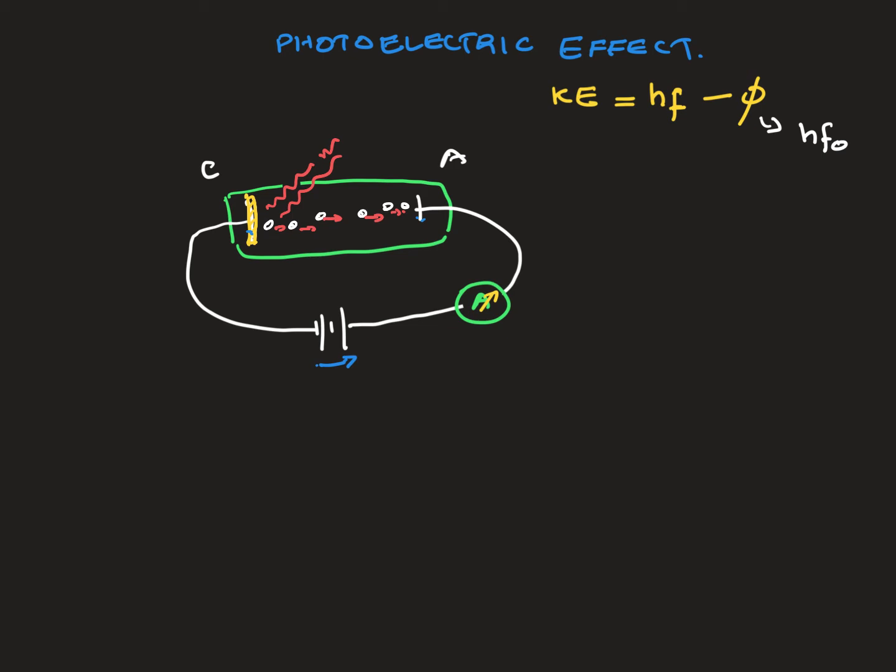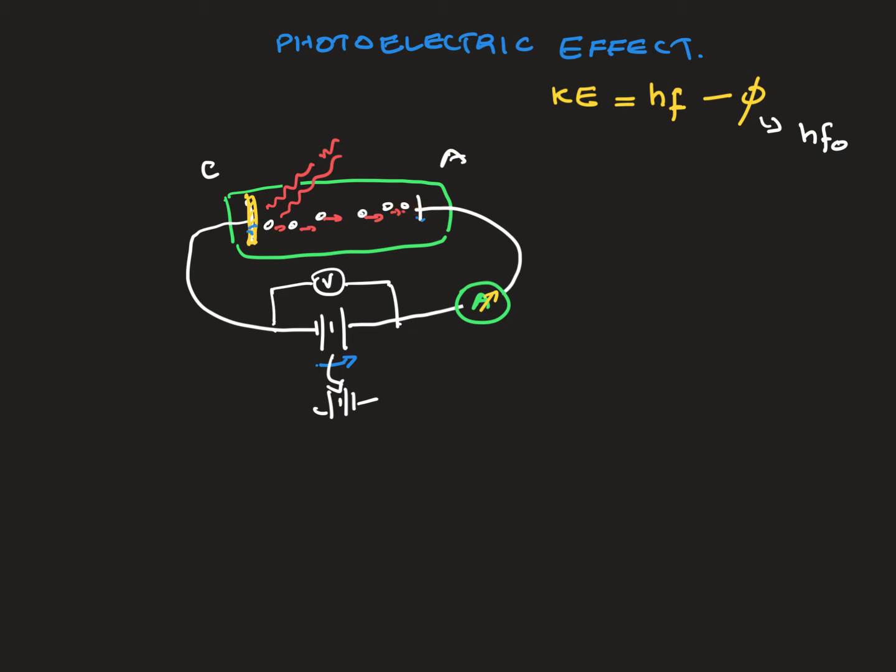When the electrons are moving from cathode to anode, we get a current here. But when we reverse the polarity, these electrons will come back. So the voltage is going to be in this direction, which will oppose the electrons moving this way.